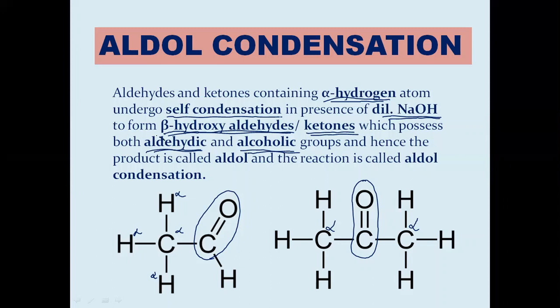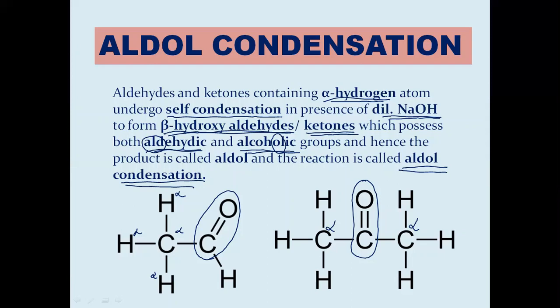So 'ald' is from the aldehydic group, and 'ol' is from the alcoholic group. When you join both, we get aldol. That's why, based on the product that is formed, which is called aldol and consists of both aldehydic and alcoholic groups, the reaction is named aldol condensation. So this is the simple introduction to this reaction.